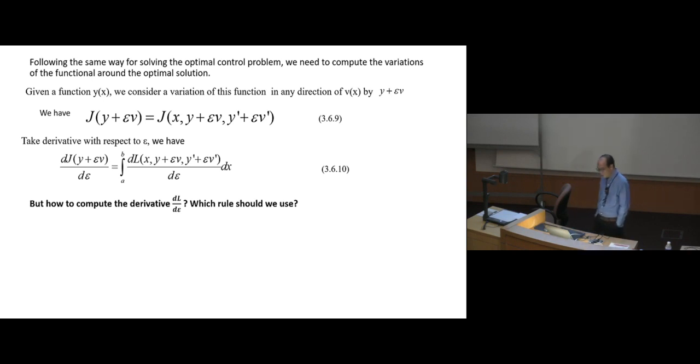So next, let's find a way to evaluate this derivative of L with respect to epsilon. We know L is a function of x, y, and p, where y and p are functions of epsilon. Which rule should we use to compute this kind of derivative?